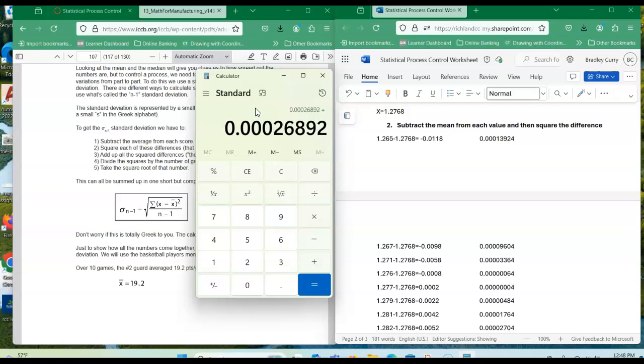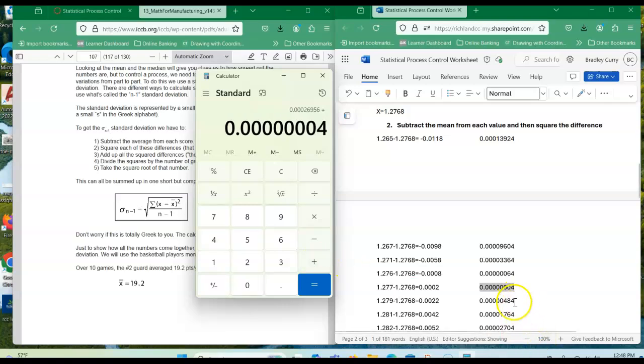So 0.0003364 plus. So now we're here in this one. So that's going to be plus 0.00000064. So come on over here. I'm going to highlight this one, come back to my calculator and say plus 0.00000004.